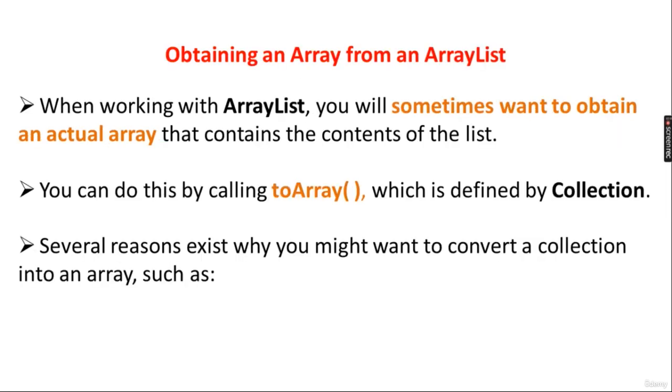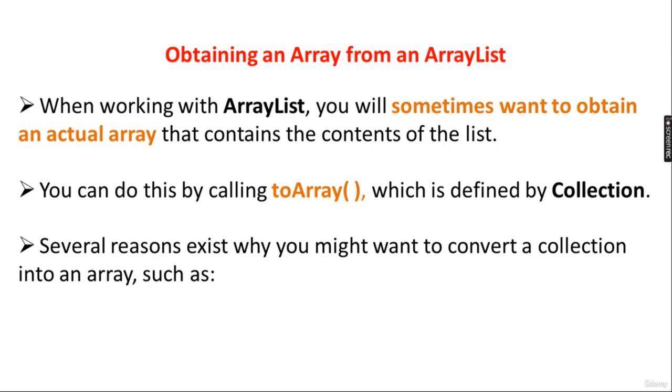Obtaining an array from an ArrayList: you have the toArray method to convert the ArrayList to an array. When working with an ArrayList, you will sometimes want to obtain an actual array that contains the contents of the list. By using toArray, you can achieve this.